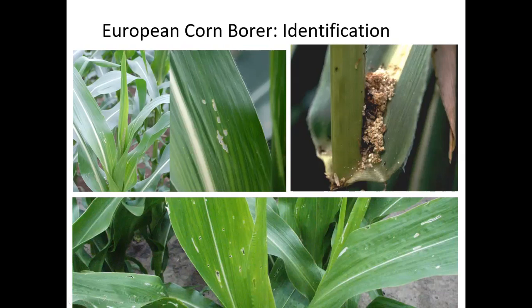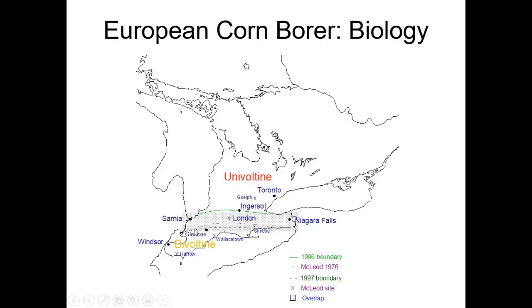Once they are in the stalk, they are protected and insecticides will no longer control them. So you have a very narrow window of activity during the egg hatch, the window pane feeding, and the pinhole feeding. Those are the stages at which we need to control it, because once it's in the stalk, we're no longer able to.